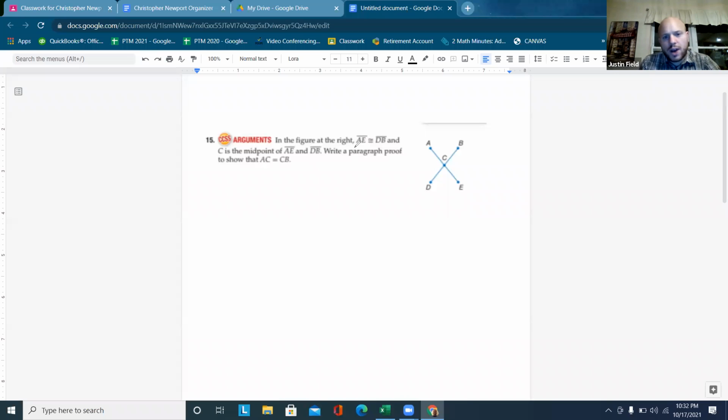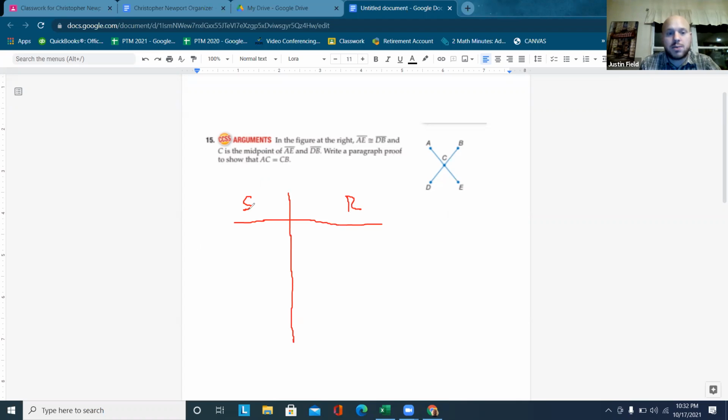In the figure at the right, segment AE is congruent to segment DB, and C is the midpoint of segment AE and segment DB. Write a paragraph proof to show that AC equals CB. So again, we're not doing paragraph proofs, but let me just show you a two-column proof, the statements and the reasons.